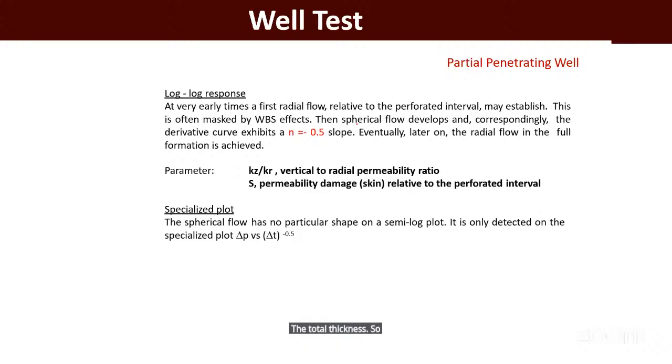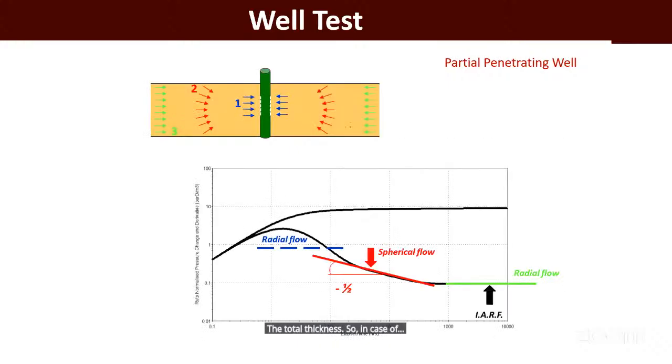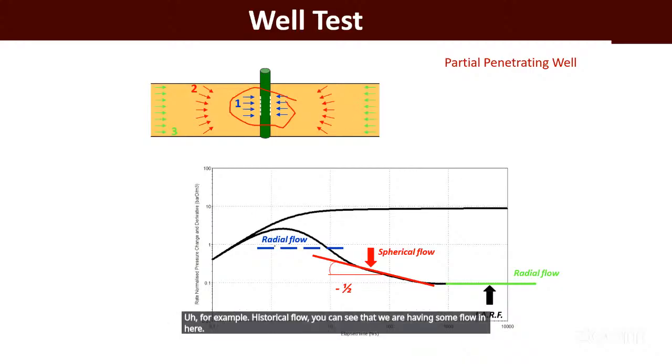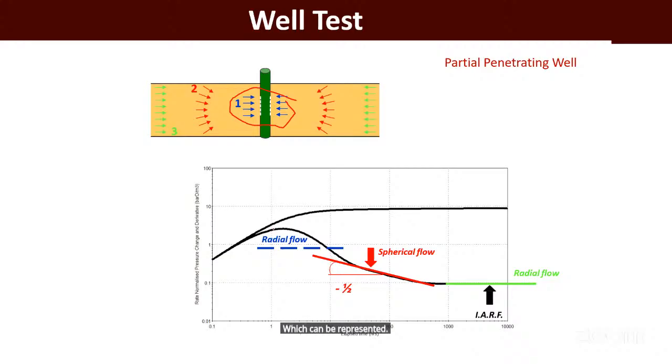So in the case of, for example, spherical flow, we can see that we are having some flow in here, which can be represented by this flowing period. And after that, we will have the flow from up and down going to the perforation. And it could be characterized by spherical flow, which has a negative half slope.